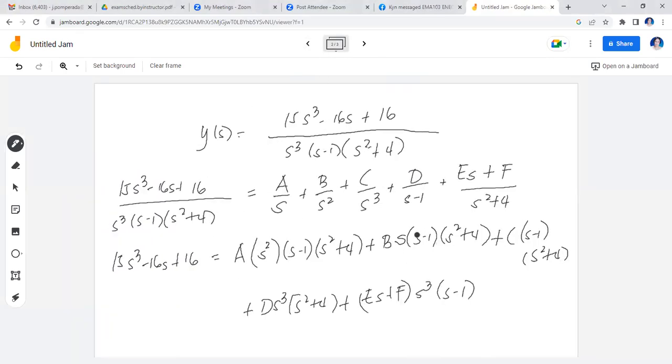For this one, it could never be S raised to 4 because it can only have a cube here. This one can only have a cube because this is S raised to 5th. This one will be this one. S cubed times negative 1 is negative S cubed, times this one is negative S to the 4th, E. This one, S to the 4th times negative 1, that's negative E.